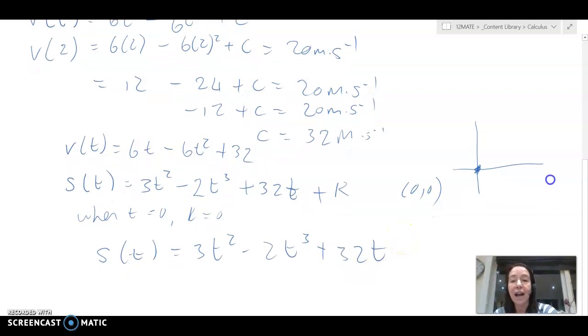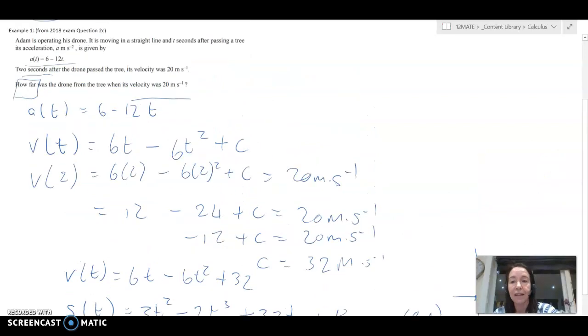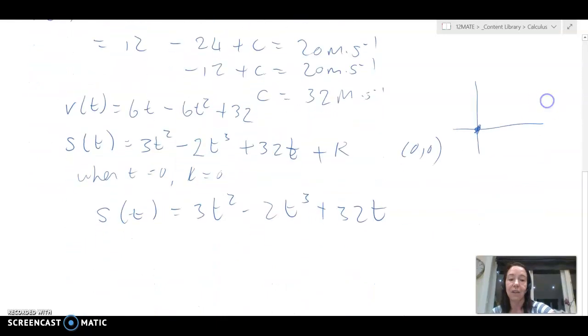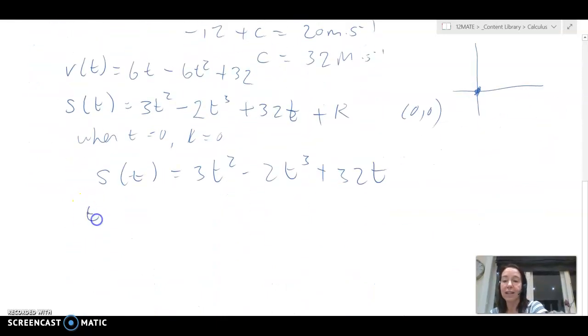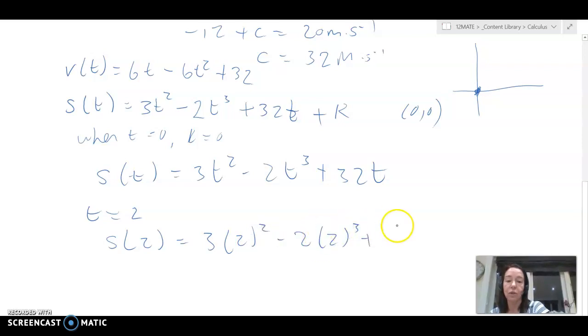And the question was, how far was the drone from the tree when its velocity was 20 meters per second? Well, I know when its velocity was 20 meters per second, it was 2 seconds after the tree. So I'm looking at t equals 2. So S of 2 equals 3 times 2 squared minus 2 cubed plus 32 times 2.